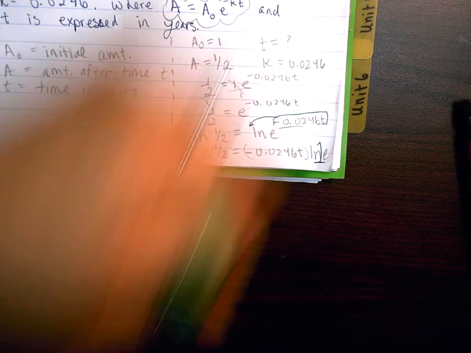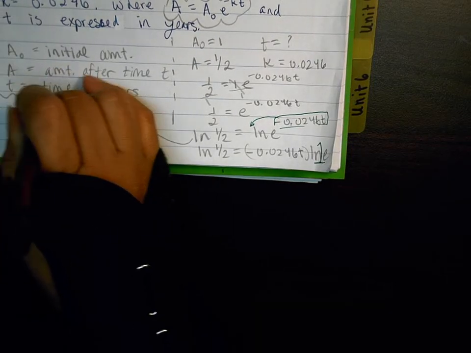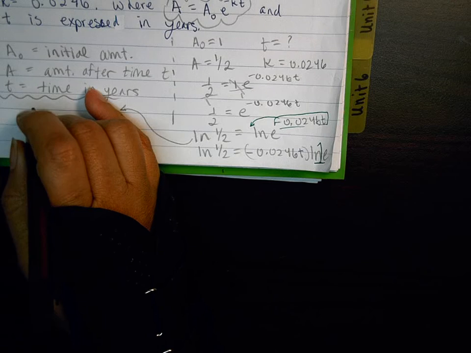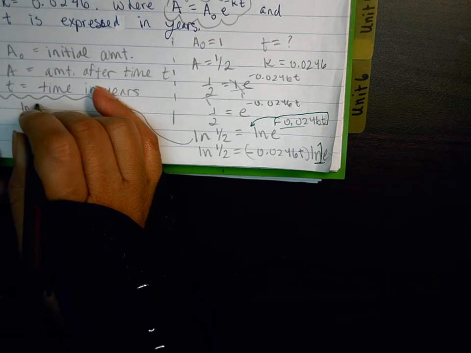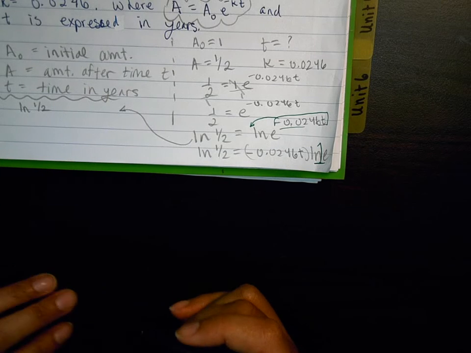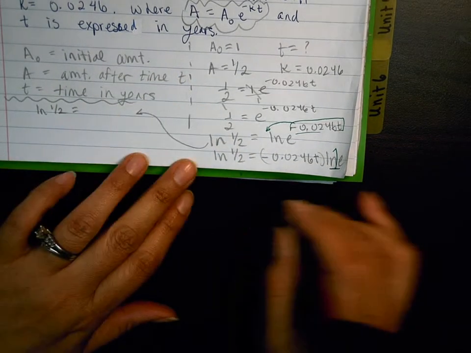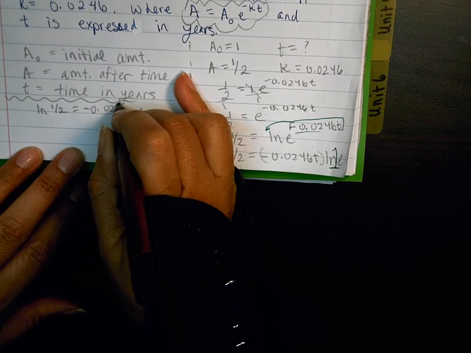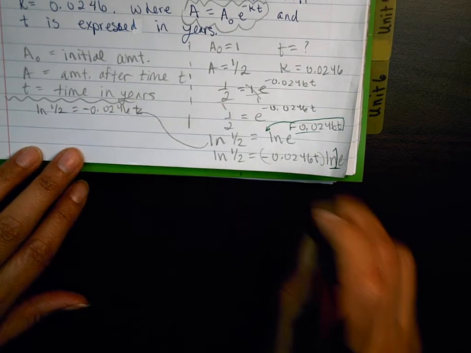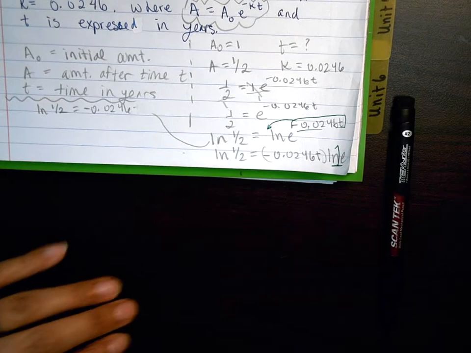So I'm going to rewrite it over here. ln of 1/2, and you can change 1/2 to 0.5, it's up to you, equals negative 0.0246 t, and I'm trying to get t by itself, so I'm going to divide by that negative decimal.